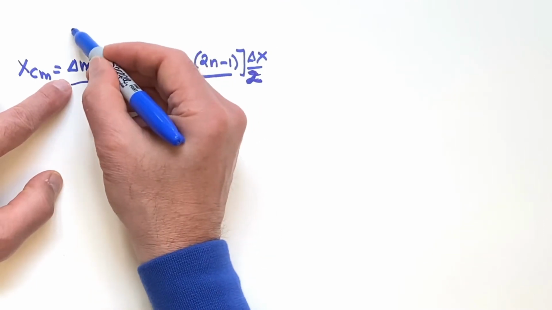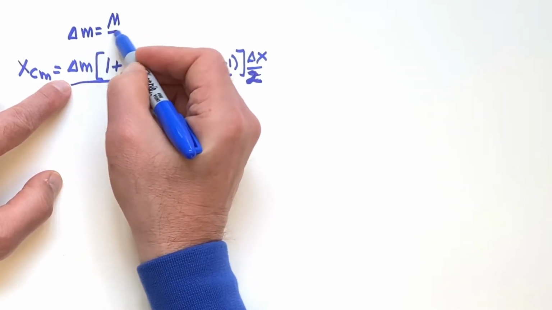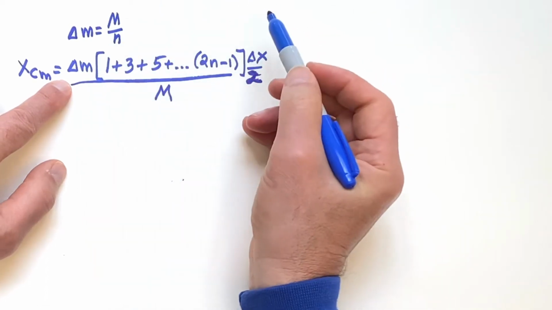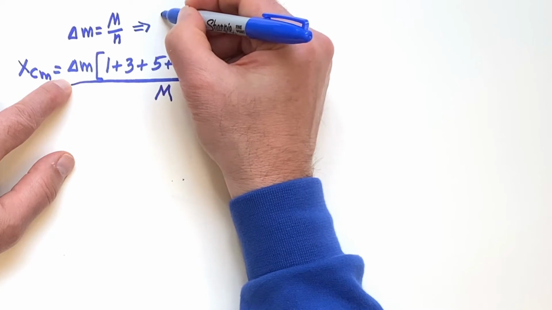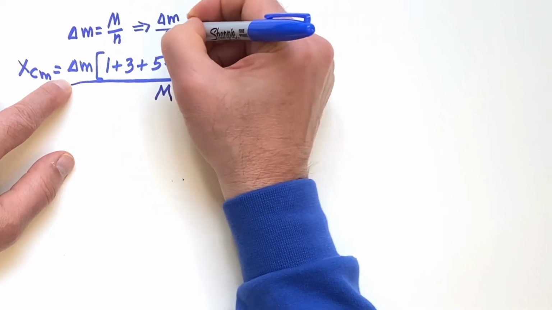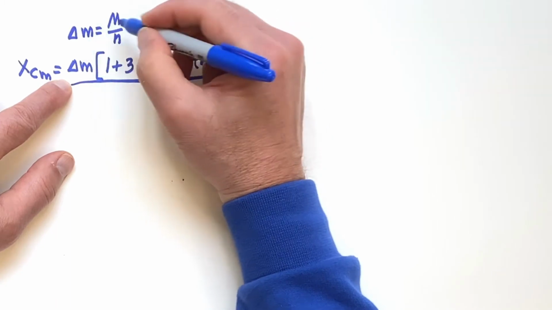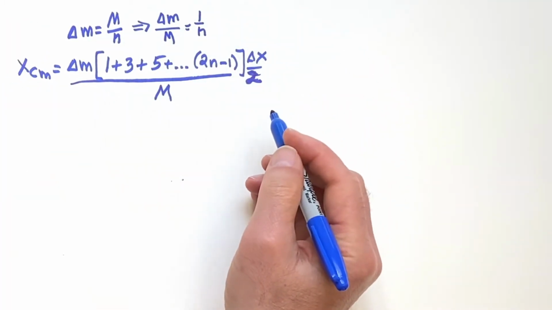But remember that delta m is capital M divided by n. So that means if we had delta m divided by big M, like we have here, we would just have 1 over n. So that's kind of neat.